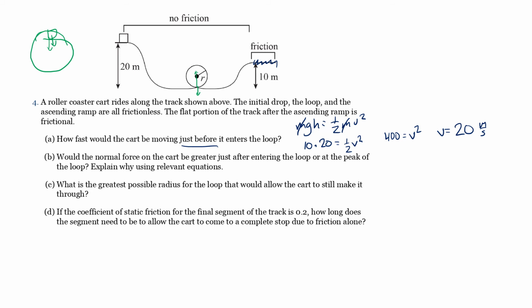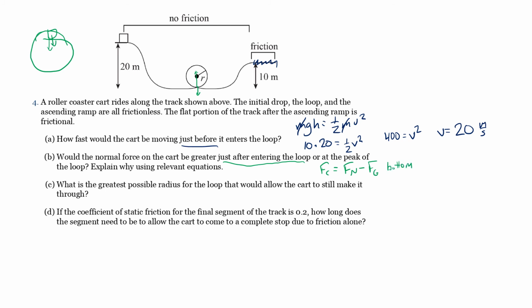So which is going to be greater? It's going to be just after entering the loop. It's just like why you feel the heaviest on a swing at the bottom as opposed to at the top. Explain why using relevant equations. The most important thing is that at the bottom, your force centripetal is going to equal force normal minus force of gravity.